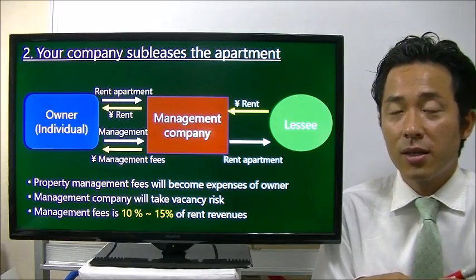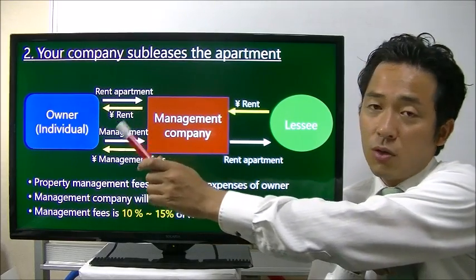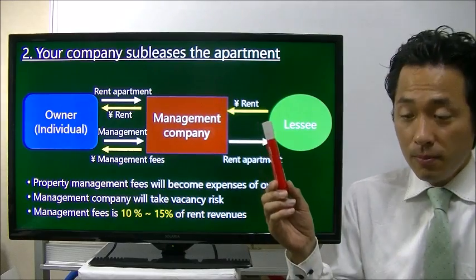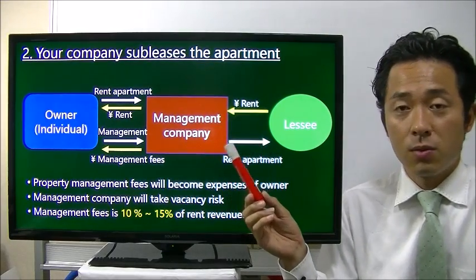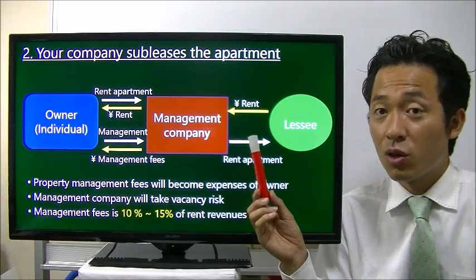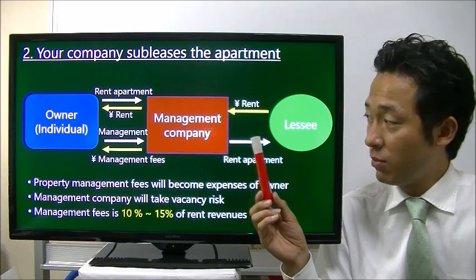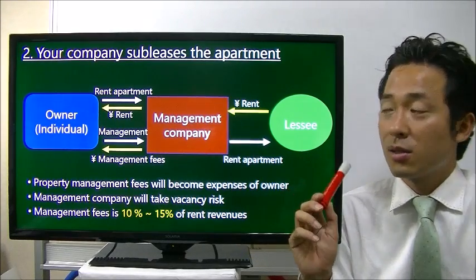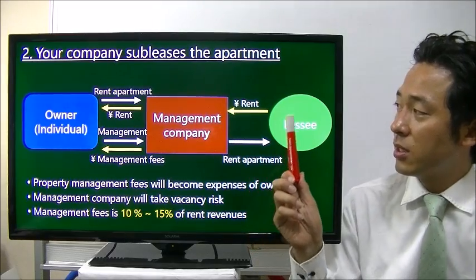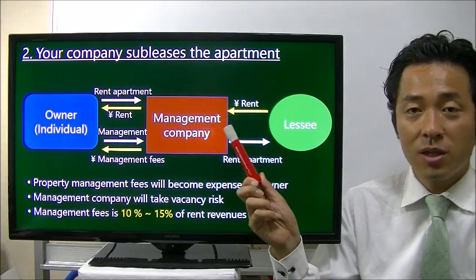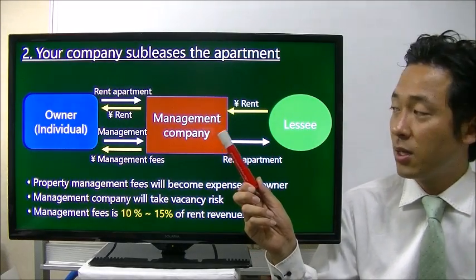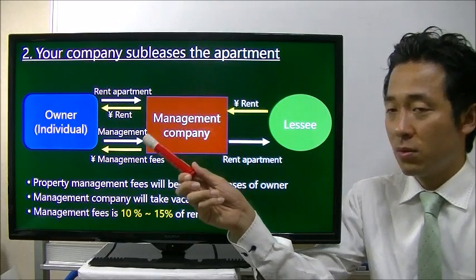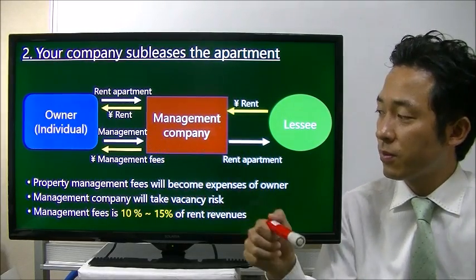So the second case is you are the owner of the apartment and rent your apartment to your management companies, and your management company rent apartment again. So in this way, the money after the management company receives the rent, the management company pays the rent to you.